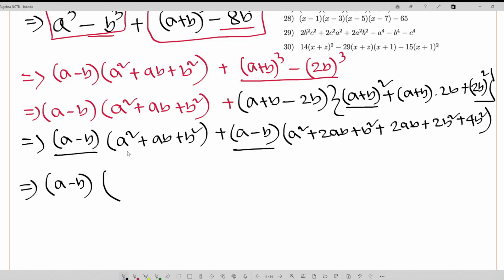So a big bracket, here is a square plus ab plus b square, right? And here everything we can take, so 2ab plus 2ab will be 4ab, and here is b square and 4b square, it's 5b square, so one by one we can write. Oh, here is also 2b square, so here is 7b square, right?